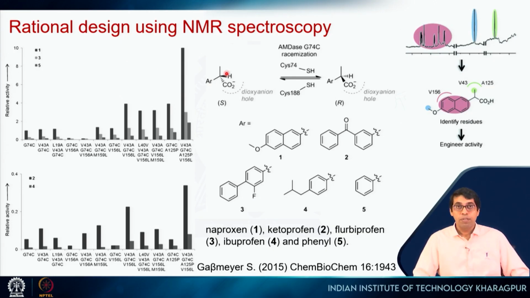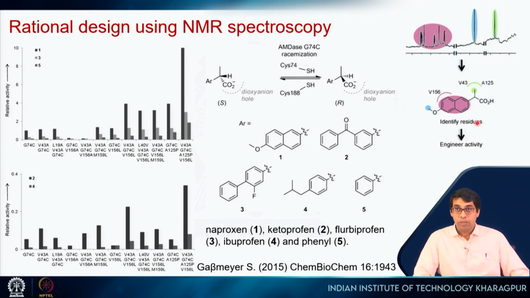Once this particular enzyme was obtained, a racemization enzyme was also generated, where cysteine was put in both positions. So what it will do is, you can put any of the substrates and it will produce a racemic mixture, right? So again, you can have applications for that. In this case, rational design was used using NMR spectroscopy.